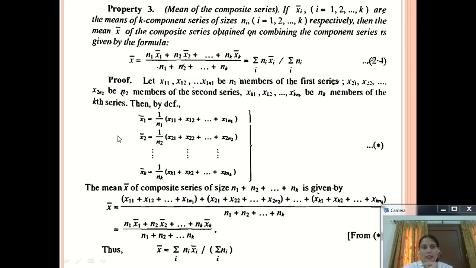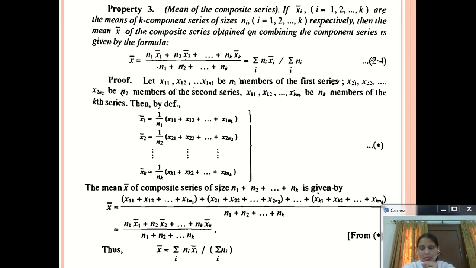Now the third property, mean of composite series. Composite series mean, if different data is given. If x bar i are the means of k component series whose sizes are ni. Suppose we have three different individual series.